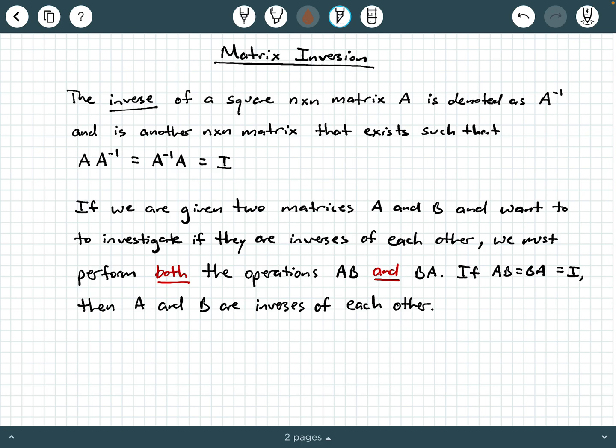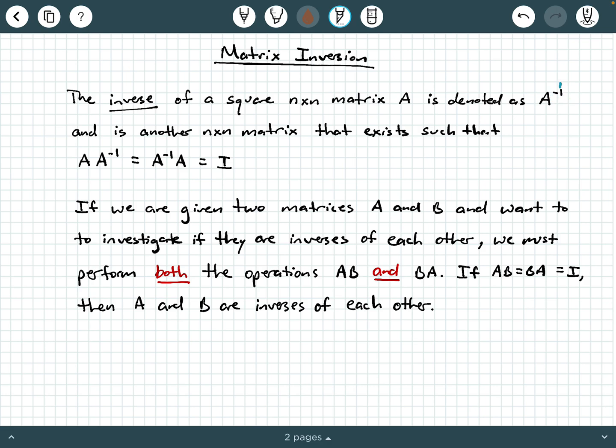You can think of the inverse of differentiation as integration, okay? And there's a lot of other examples. Similar to other branches of mathematics, your square matrices may have an inverse. Not all of them will have an inverse, but some of them will, and that inverse is denoted with a superscript of -1.